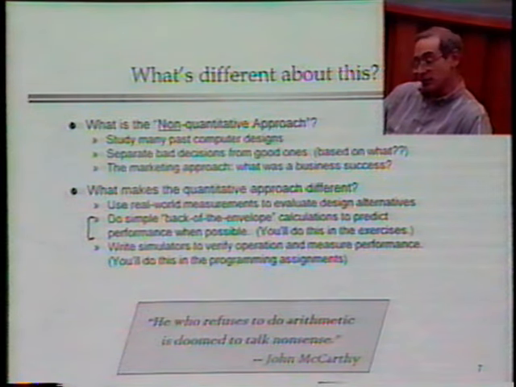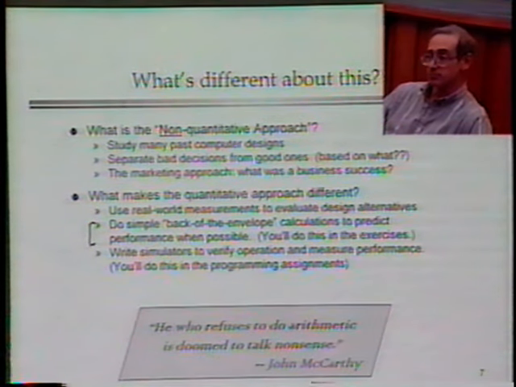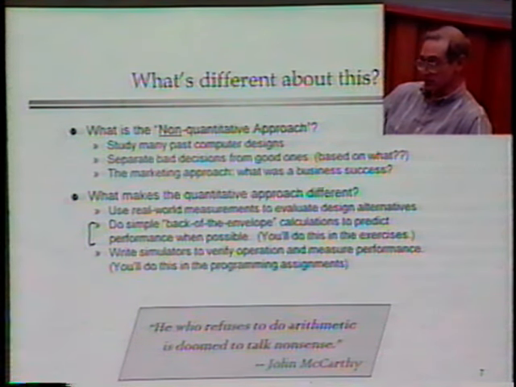When you can't predict those things, then you have to fall back to writing simulators for machines that don't exist or for modifications of machines that you want to make. And you'll be doing this in the programming assignments, both predicting the performance of various architectural features and modifying the performance of existing simulators.